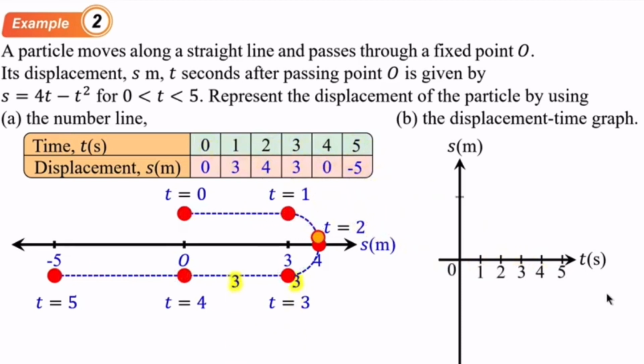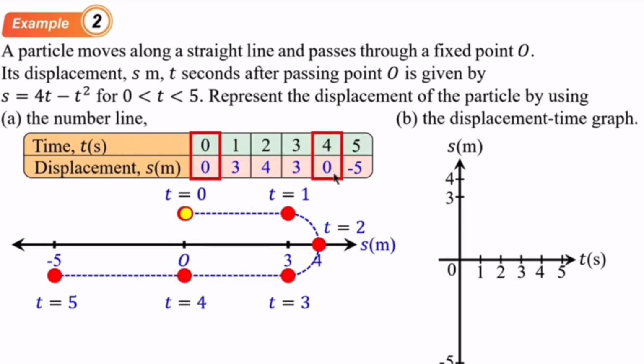Now let's use the same table and sketch the graph. When t equal to 0 is the intercept for the s. The s meter is showing the displacement. So we will plot the point first.